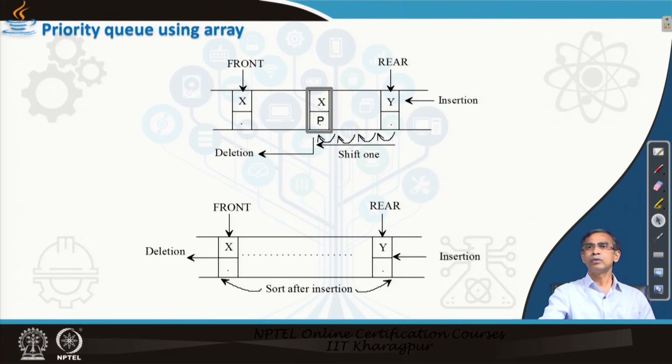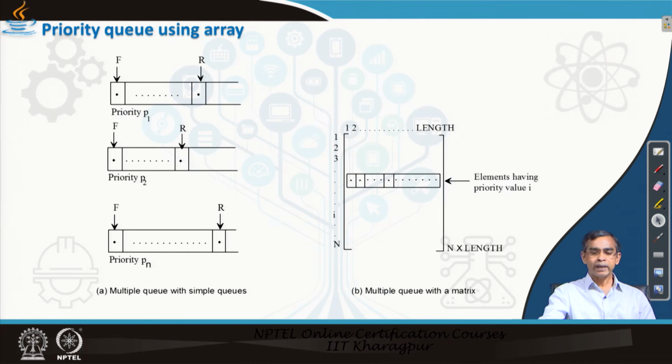A linked list may be a good idea, but there is a better one using a matrix representation. A matrix basically maintains a number of arrays, and each row maintains one priority, from 1 to n. If an item arrives in the queue with priority i, it goes to the ith array, and each array maintains its own rear and front.